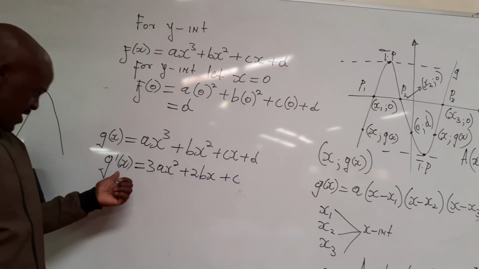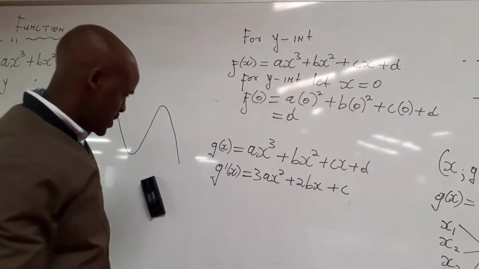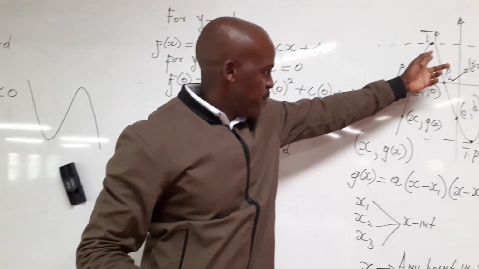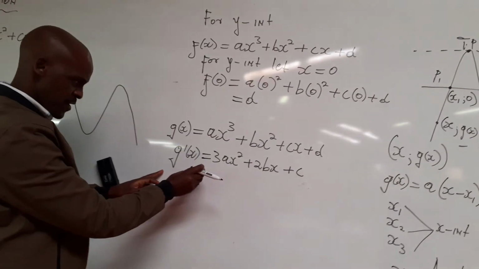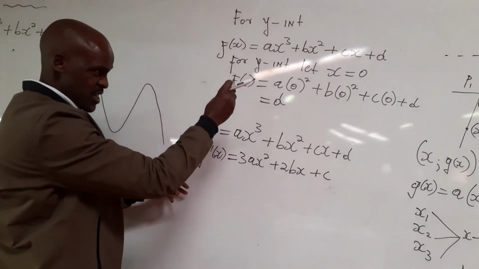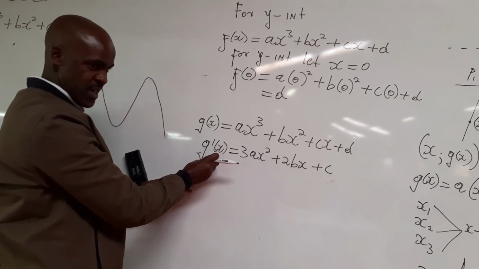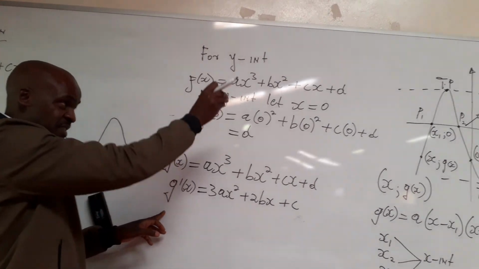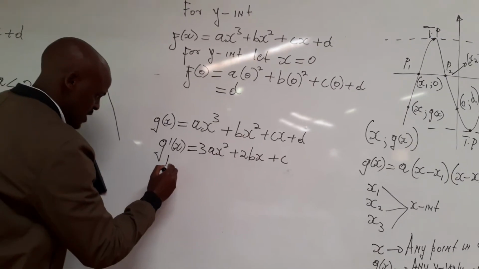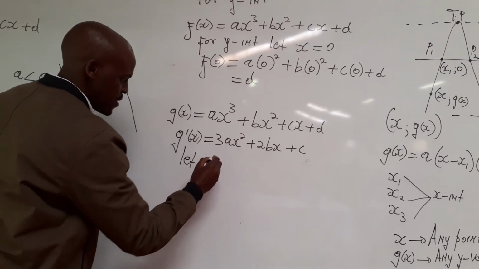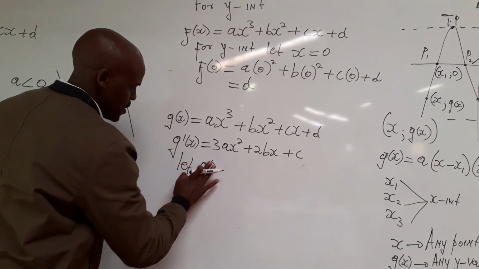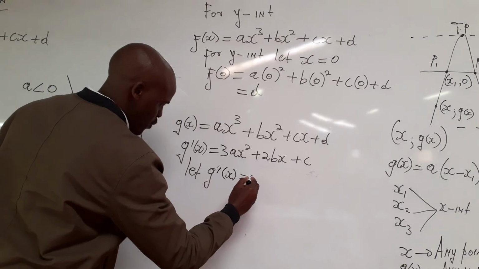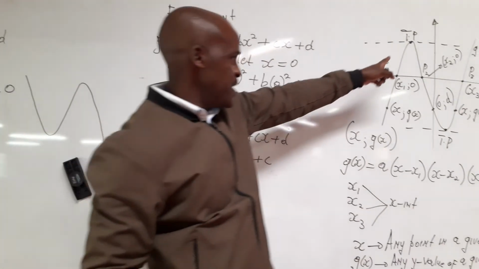Therefore, the gradient of a tangent at that point is 0. Which means, for a stationary point, you will have to derive. That's the reason why we let our derivative, which is our gradient, be equal to 0 because this is a turning point.